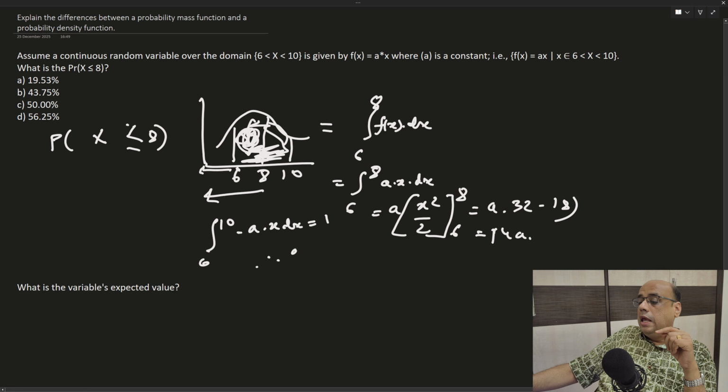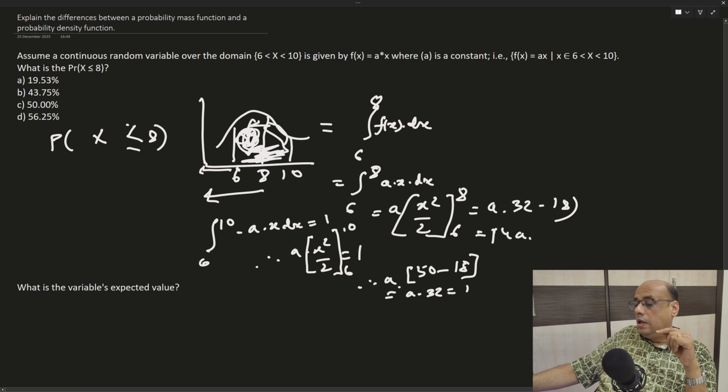Therefore a x square by 2, between 10 and 6, is a into (100 by 2 is 50 minus 36 by 2 is 18), which is a into 32, equal to 1. Therefore a is equal to 1 by 32. So if we calculate 14 into 1 by 32, you do the math, you will get somewhere around 0.44, which is 43.75 percent. So B is your correct answer.